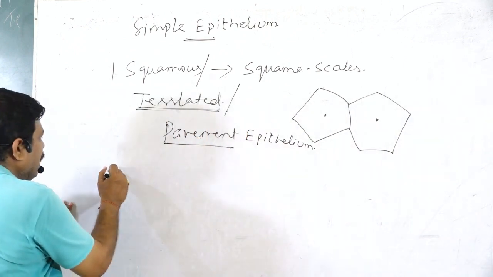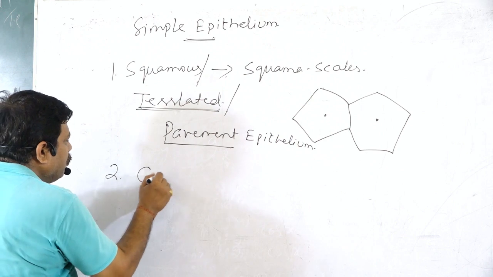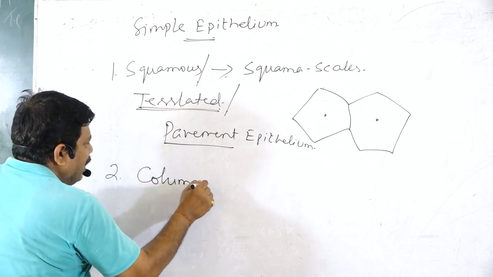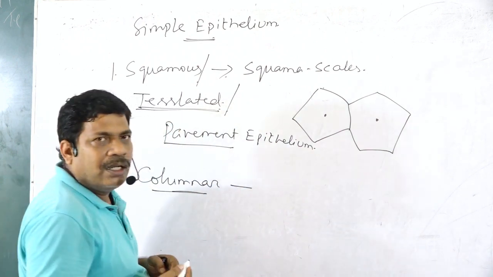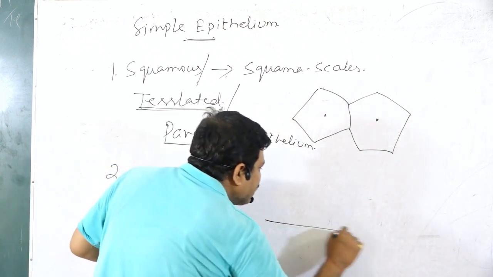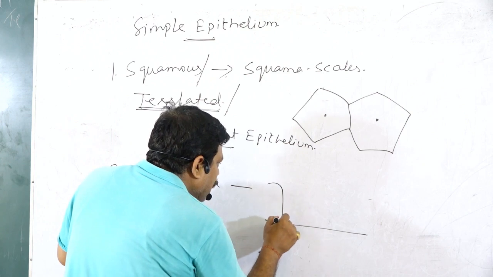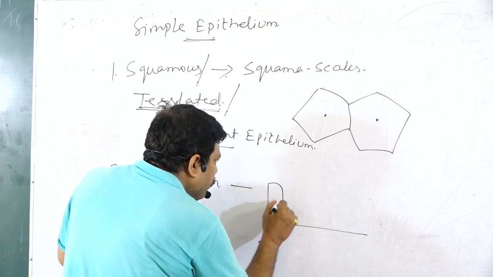Next, columnar epithelium. The shape of cells is just like a column, means pillar.